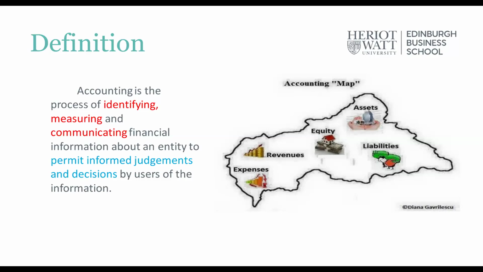Why do we need to measure? All the activities are expressed in monetary terms. Is that clear? All activities are expressed in monetary terms. For example, if you remember, there is an aspect of us talking about the depreciation of non-current assets.